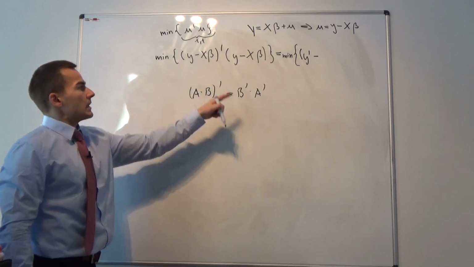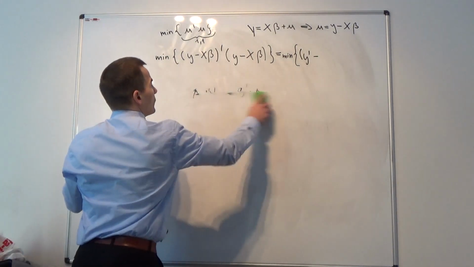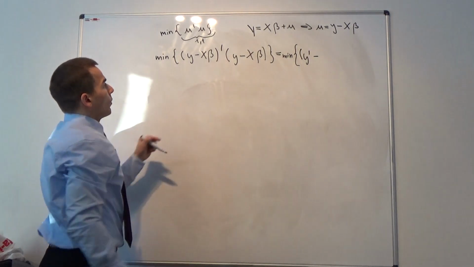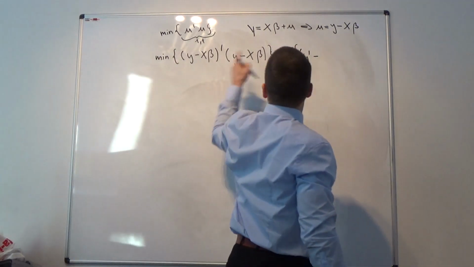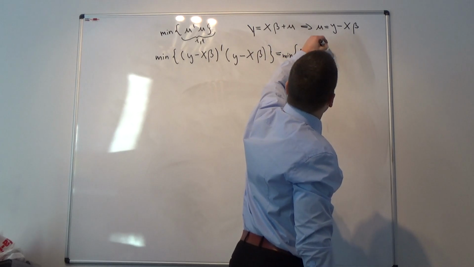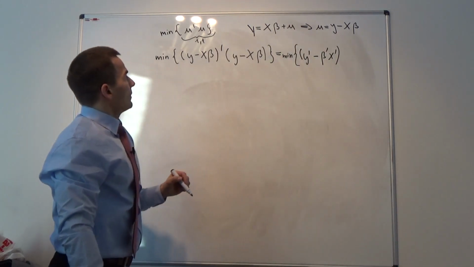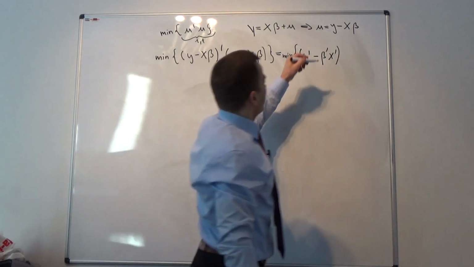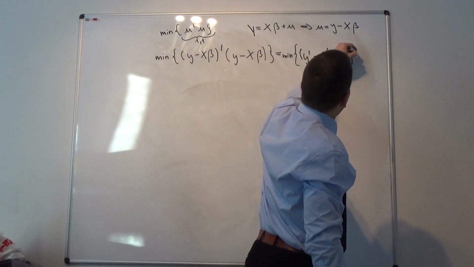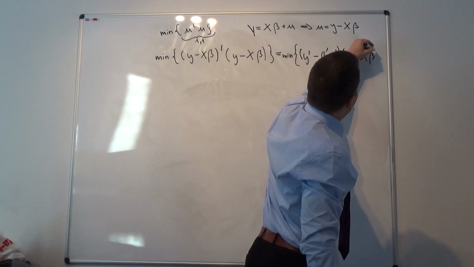So we apply this simple rule. We have to transpose beta first: beta transposed X transposed, still in the parenthesis, times this guy here, y minus X times beta.